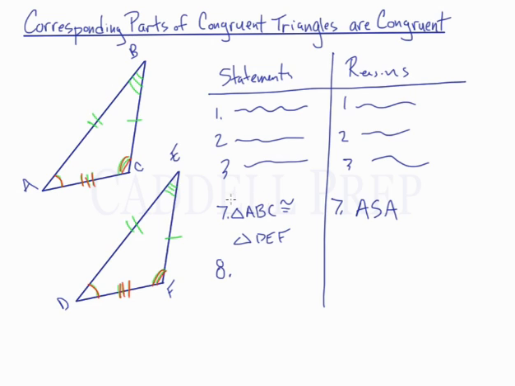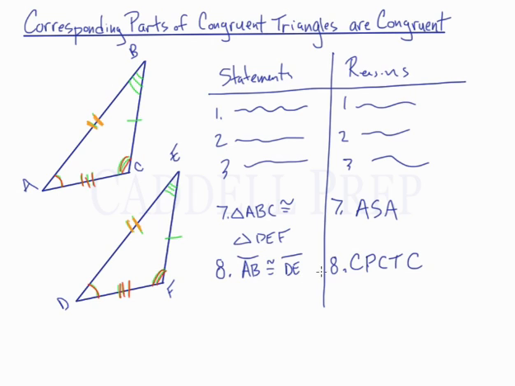So after this step, which normally is our last step, we can prove that side AB is congruent to DE. So AB congruent to DE, and our reason is simply corresponding parts of congruent triangles are congruent.